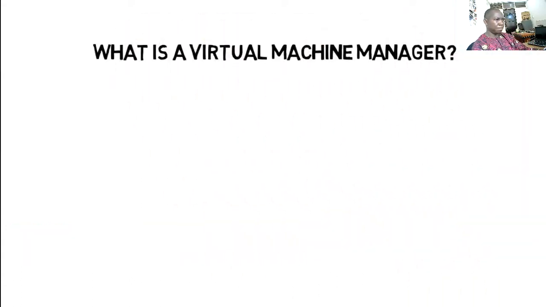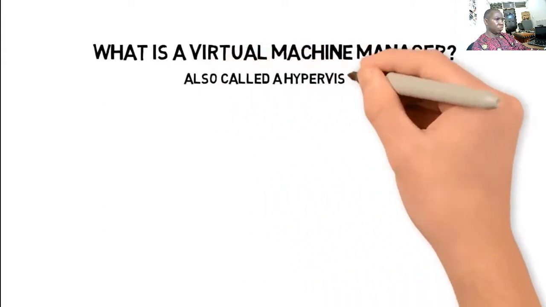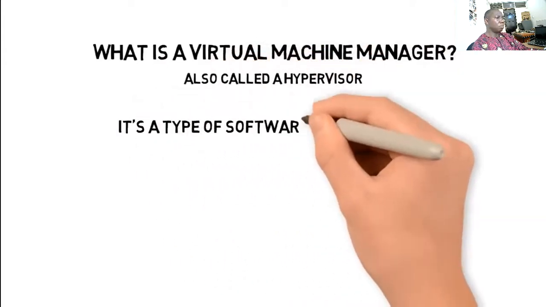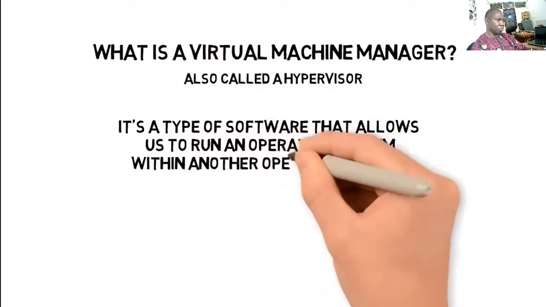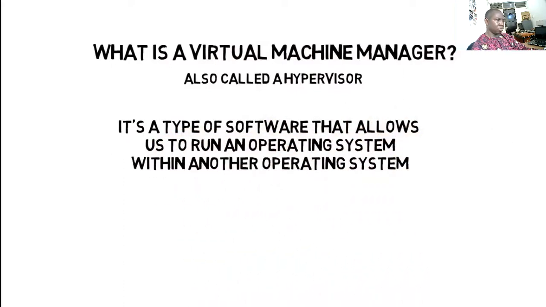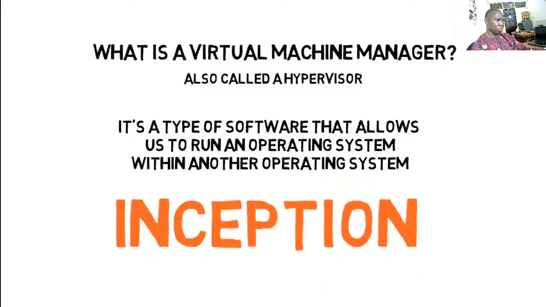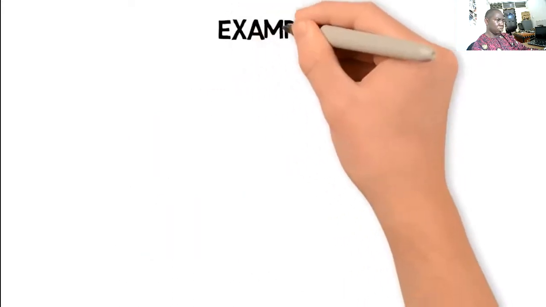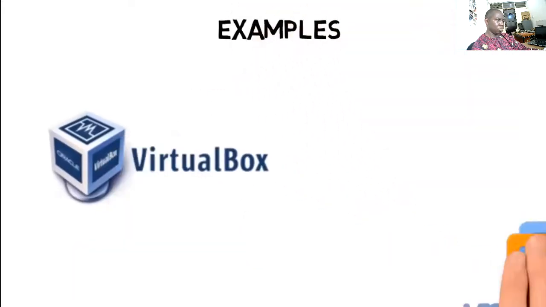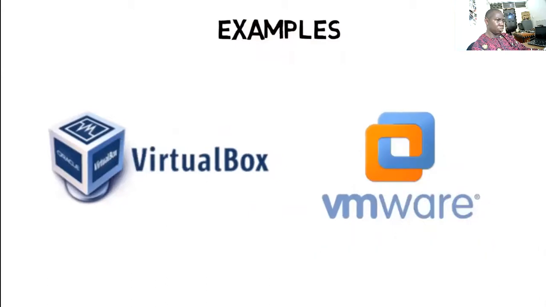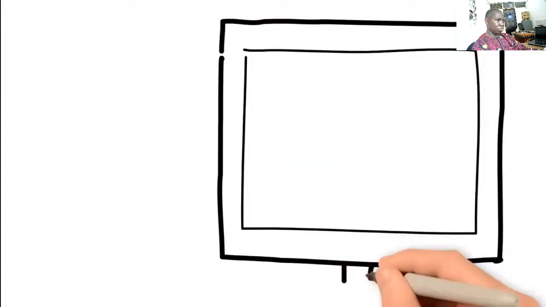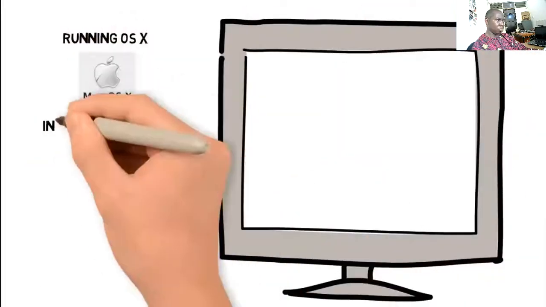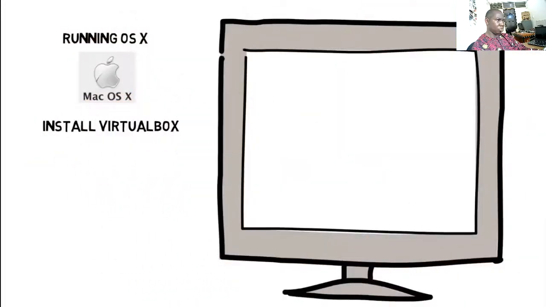Virtual machine manager, also called a hypervisor, is another type of software that allows us to run more operating systems. Examples of virtual machine managers are VirtualBox and VMware. Imagine your computer is OS X. In your computer, you can install VirtualBox.